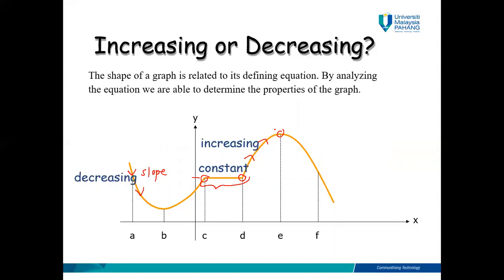So how do we determine it? It's just by looking at the graph. From the shape of the graph, we can determine whether it is increasing or decreasing. How do we determine the nature of the function? To determine the nature of a function, we have two methods.